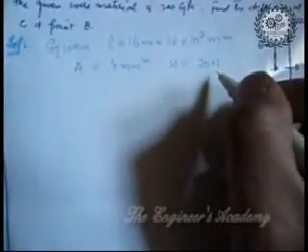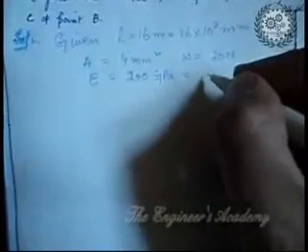The weight of the wire material is 20 newton. It is the total weight of the wire, that is the total weight of the length 16 meter of this material. Also, the modulus of elasticity is equal to 200 gigapascals, that can however be written as 200 into 10 raised to 3 megapascals.